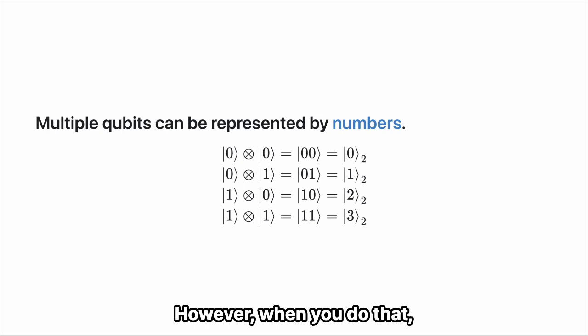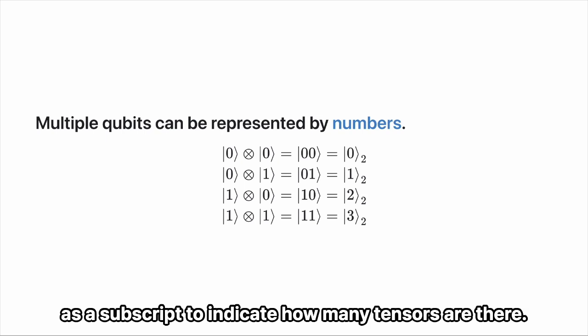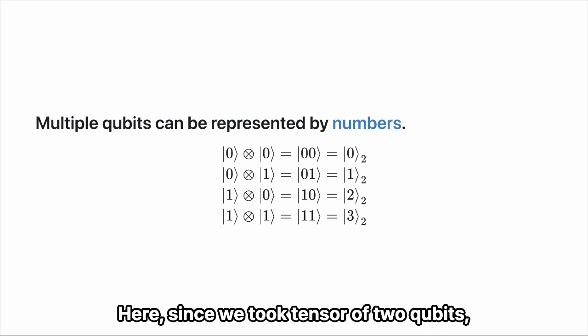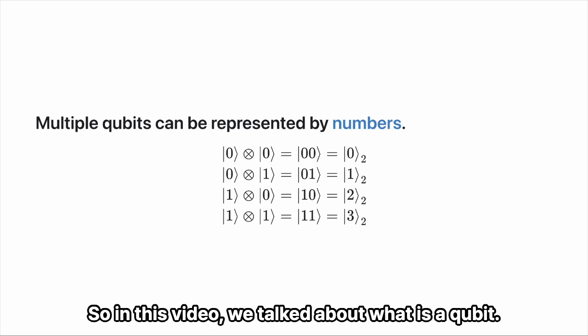However, when you do that, you have to put the number of qubits as a subscript to indicate how many tensors there are. Here, since we took the tensor of 2 qubits, we put 2 as a subscript below the ket of natural numbers. So in this video, we talked about what a qubit is.